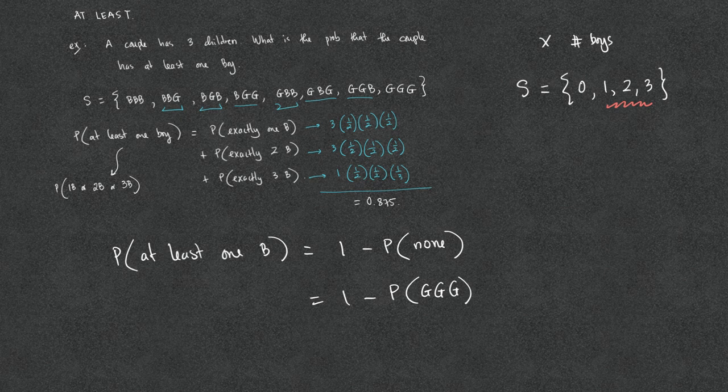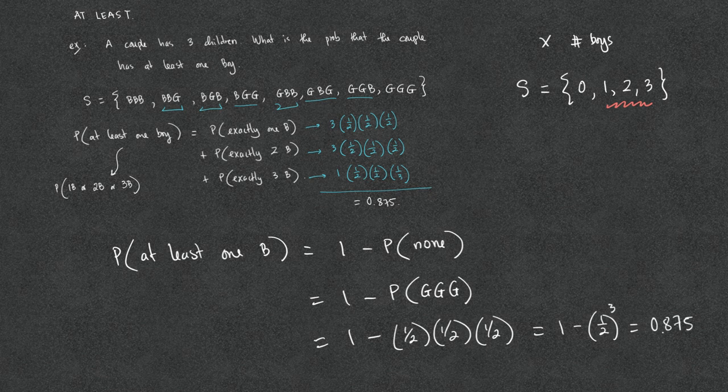And having a boy and a girl are independent. So this is a multiplication rule. The probability of GGG is the probability of G times the probability of G times the probability of G. And if we were to do 1 minus 1/2 raised to the third power, we will get 0.875 as well. We should get the same answer, except that using complement, it is much simpler.